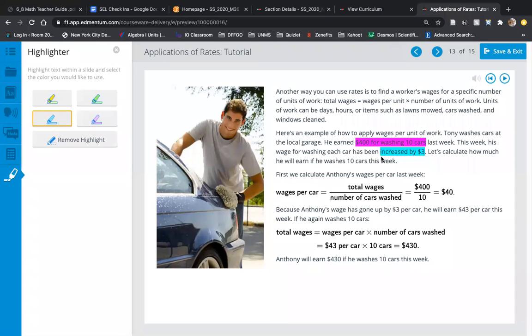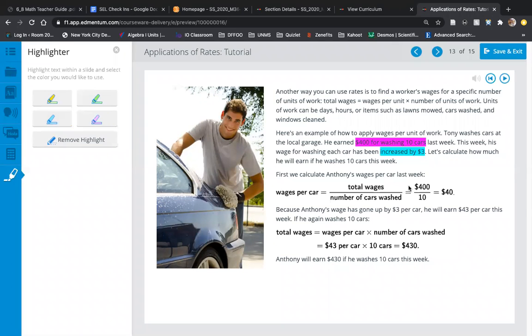So first we've got to figure out how much he will earn if he washes 10 cars this week, right? So again, this is a 2-part problem. The first part is we want to look back to that first week and say that, okay, he made $400 for 10 cars. So how much did he make for 1 car, right? And these numbers are simple enough that ideally we can look at these and say, okay, in that case, it should just be 40, right? $40 multiplied by 10 cars gets you to his total wage of $400, right?